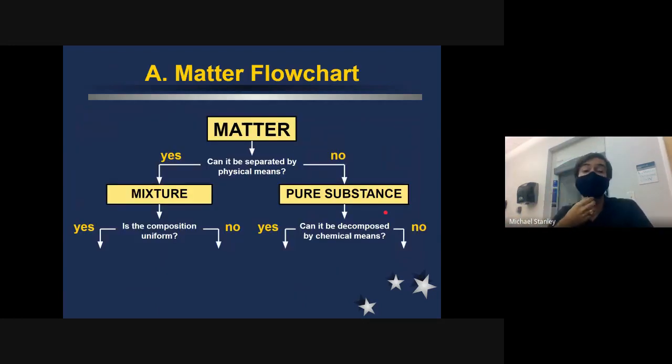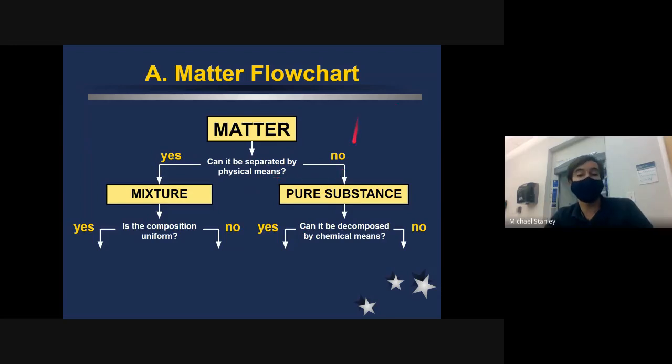All right, so if we go back to our flow chart, we have our matter. And up first, we're asking if it can be separated by physical means, which essentially means, are there different types of particles in here? Could we separate out the different types of particles from each other?